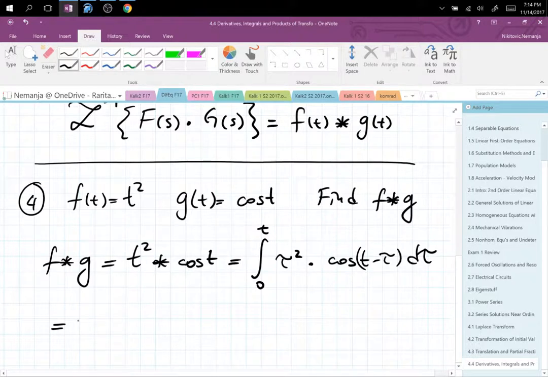Well, hello integration by parts 15,000 times, right? Well, twice, because of tau squared.